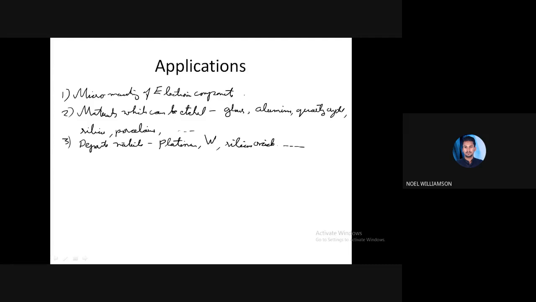Material removal can be done in materials like glass, alumina, quartz crystal, silica, porcelain, etc. Then deposition, regarding depositing platinum, tungsten, silicon oxide, etc.